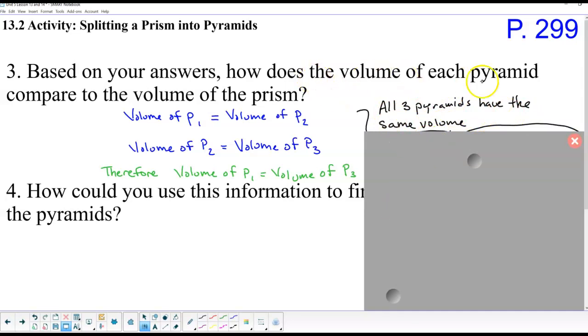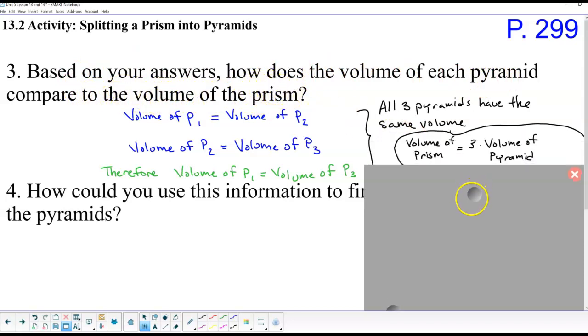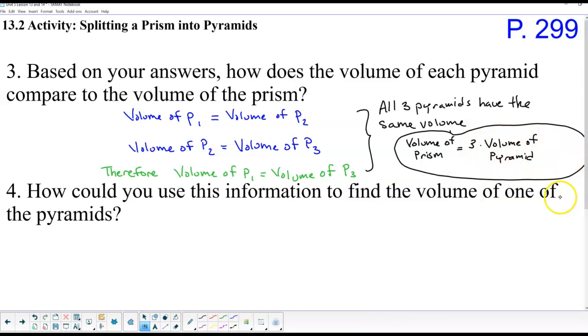Right, so now, how does the volume of each pyramid compare to the volume of the prism itself? Well, the volume of the prism is 3 times the volume of one of those pyramids. So how could we use this information to find the volume of one of the pyramids? Well, what if we just work backwards?